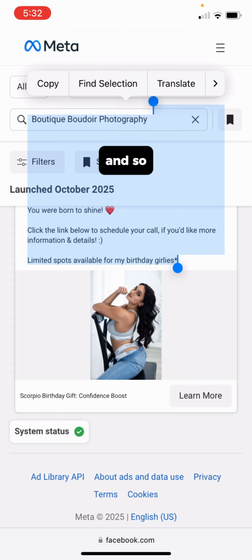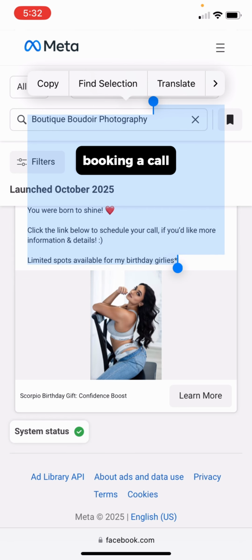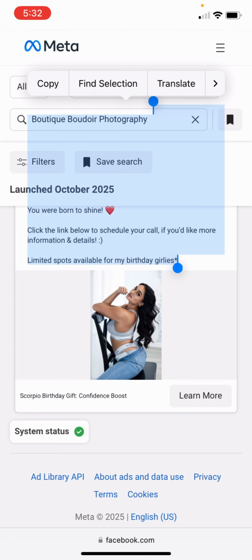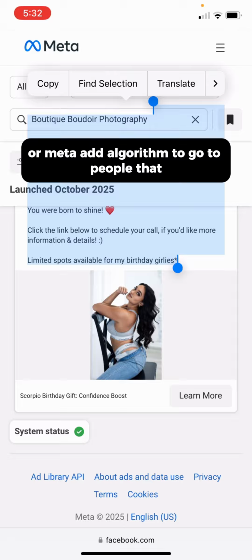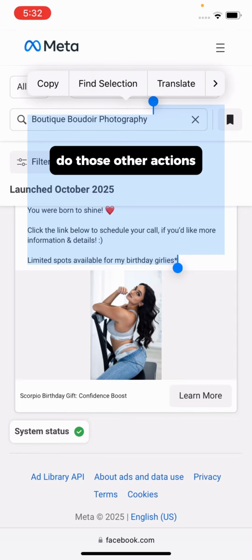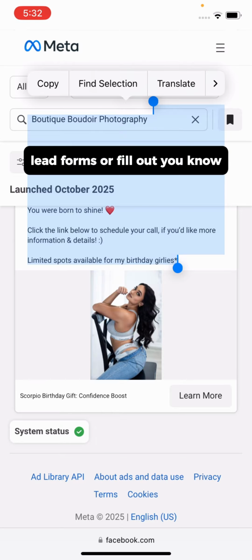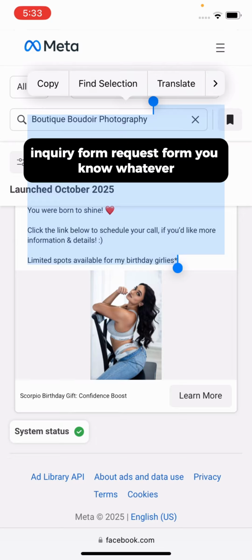But there's nothing about booking a call, showing up to the call, responding to any emails, buying. We're not telling the ad or Meta ad algorithm to go to people that do those other actions. We're telling it to go to people that just fill out lead forms, or just fill out an inquiry form, request form, whatever.